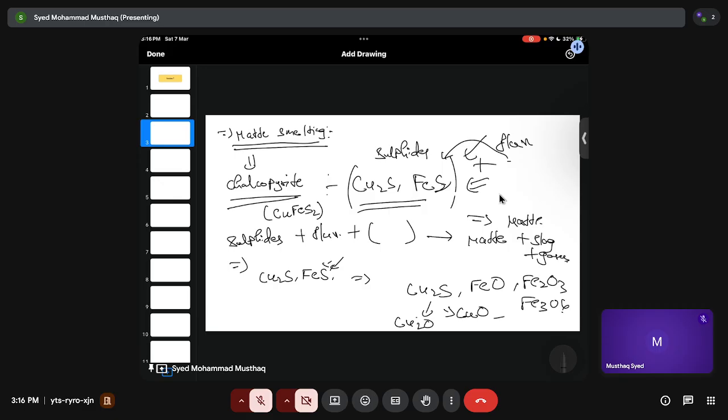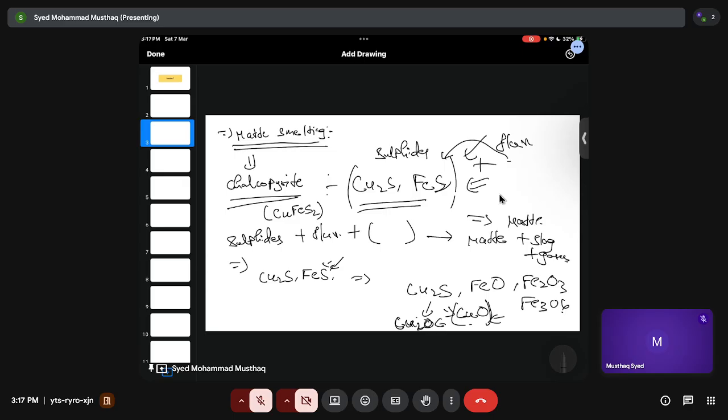Either you can have copper oxide, or you can have Cu2O. Now, what is the difference? Whenever you have an excess amount of oxygen, you will end up with copper oxide. If you have less oxygen than required, then you will end up with Cu2O. Right? For every 2 copper atoms, you will have 1 oxygen atom. And if you have excess, you will end up with copper oxide, where, stoichiometrically, for every copper you have 1 oxygen atom.